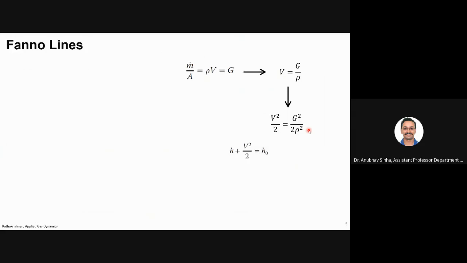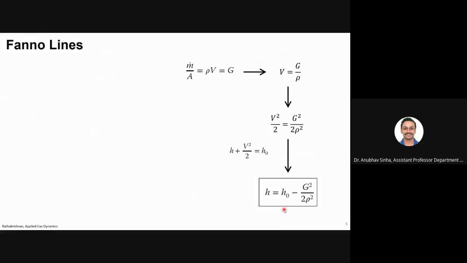If we combine both of them, we can say h is equal to h naught minus G square by 2 rho square. So basically in this equation I have replaced V square by 2 by this quantity, and we have done rearrangement. We have taken h naught to the RHS, so it becomes h is equal to h naught minus this. Is this fine? How we have derived this?